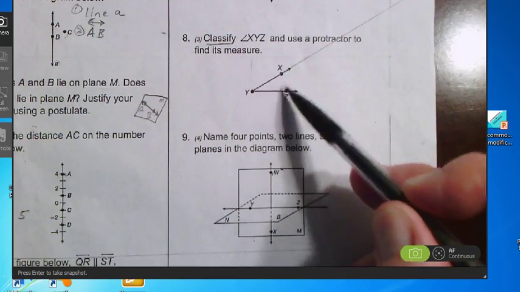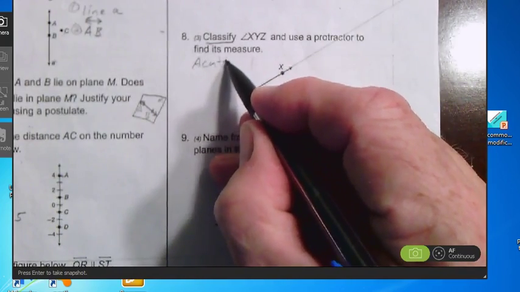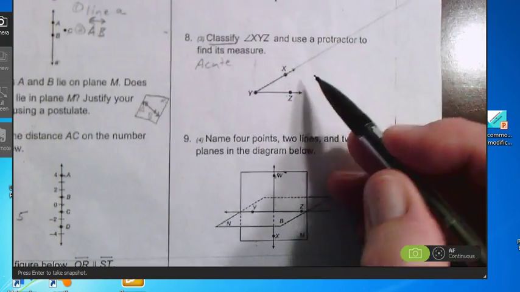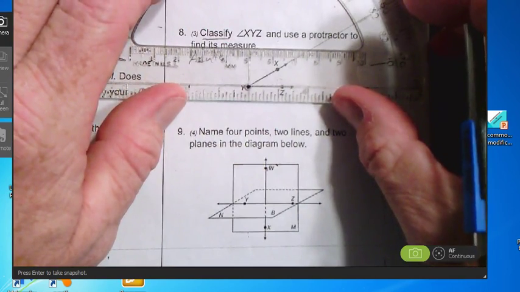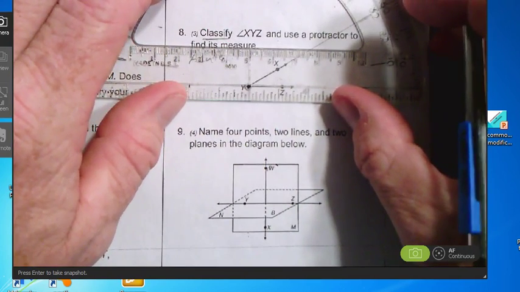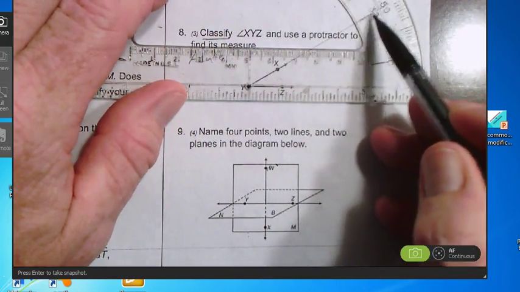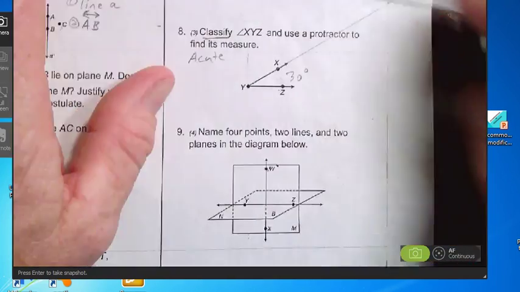It's less than that, so it is acute. That's the classification. You get your protractor again and extend your line like I did there. You can do both or one or what have you. Carefully measure it. It comes out to 30 degrees. So that's the measurement.